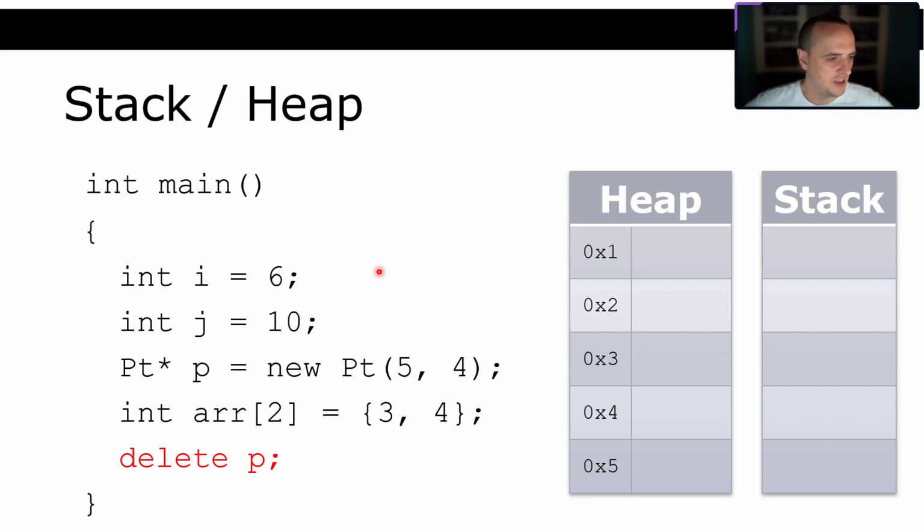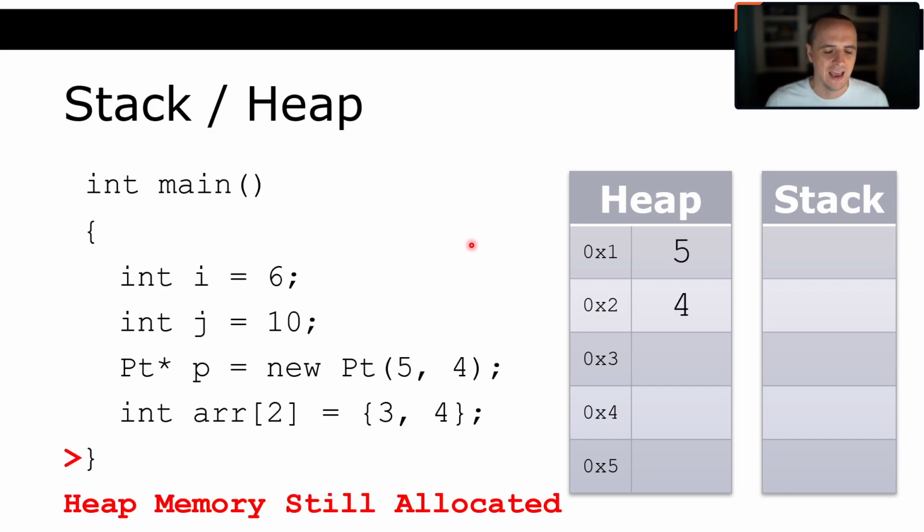Someone just asked, is heap memory remaining allocated after every execution ever practically useful? That's a good question. Any memory left in the heap at the end of your program is never useful, right? Because your program has terminated. However, there are some cases in which you would want to allocate memory in one function, then return the pointer and use that memory in another function, okay?